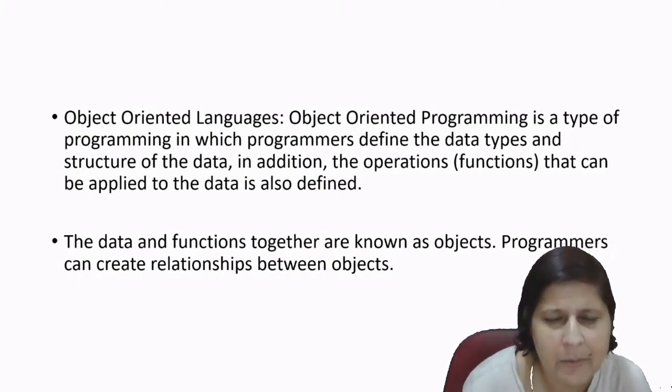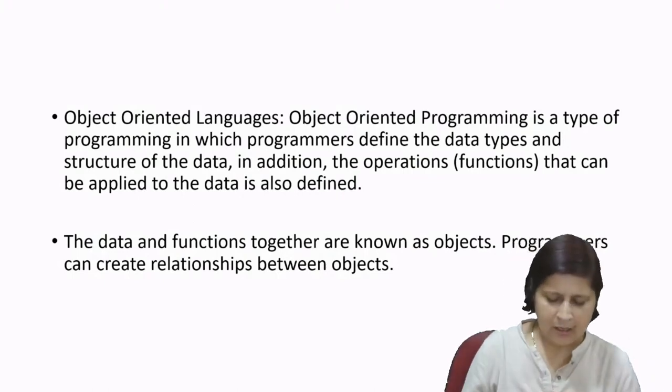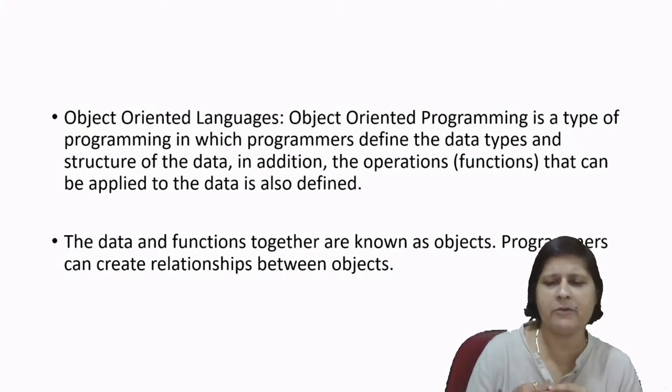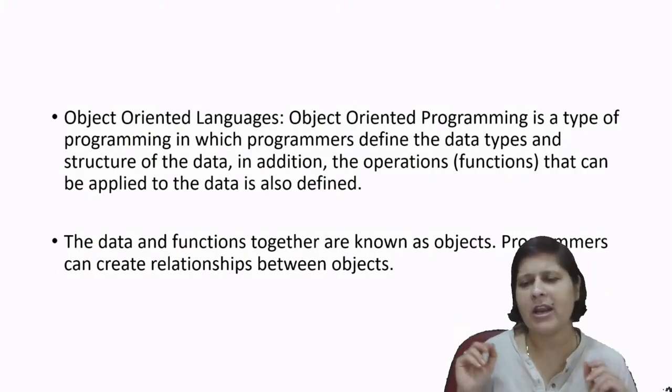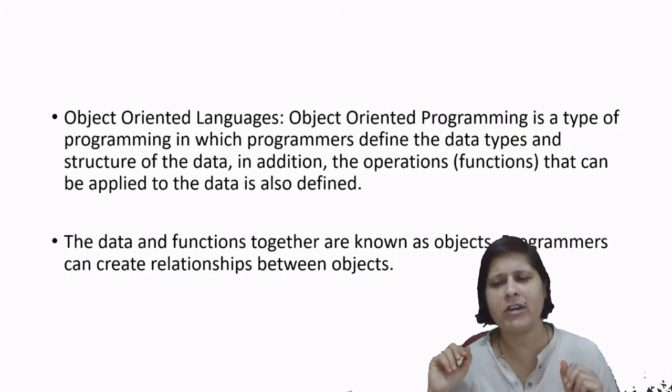What is data type? Object-oriented programming means the user can define the data type, which type of data you use, whether you want to use a numeric type of data, a character type, or a string type. If you want to write a name, then the user can use the string, right?